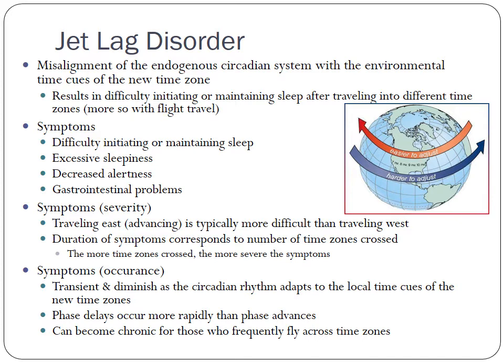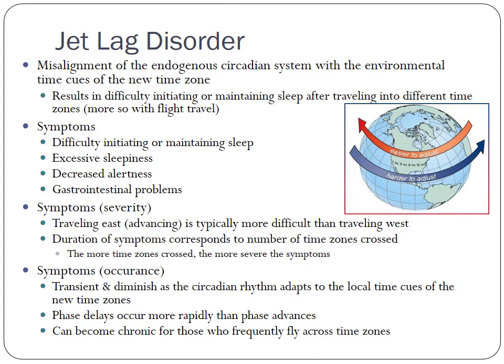As far as severity goes, if you're traveling east, this is called advancing, it is typically more difficult than traveling west. Your duration of symptoms corresponds to the number of time zones crossed. The more time zones you cross, the more severe your symptoms are going to be because your body hasn't adjusted to that different schedule yet.